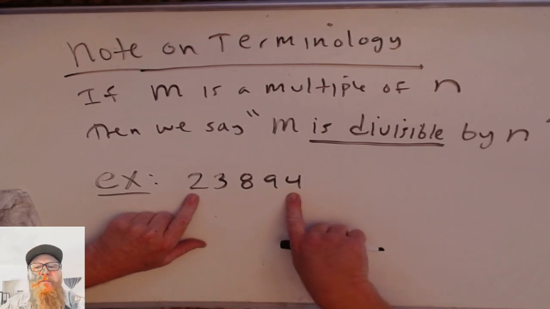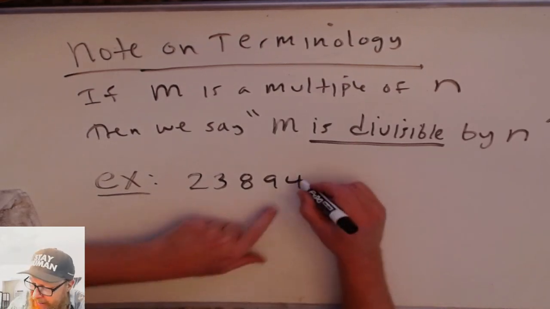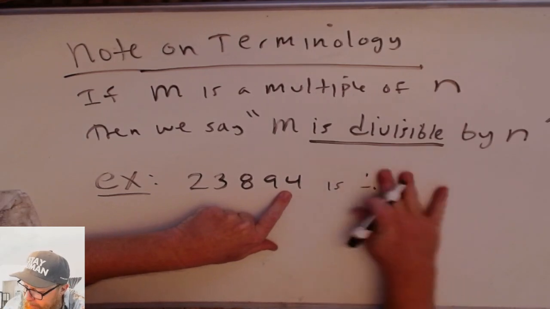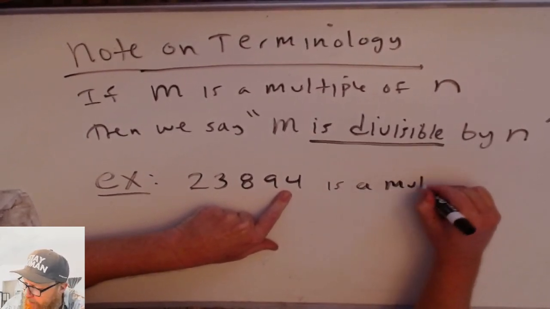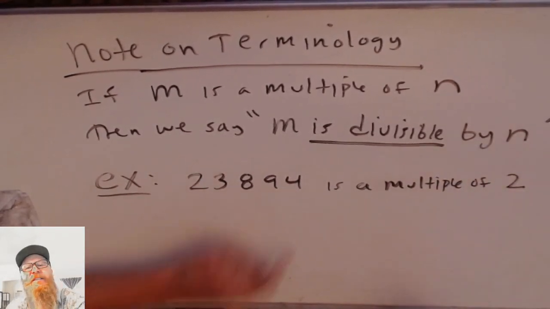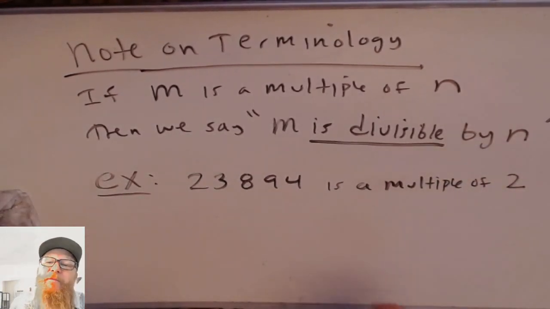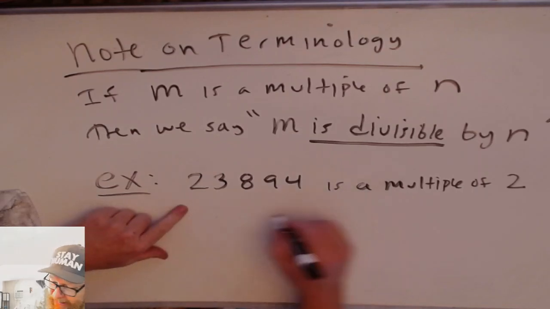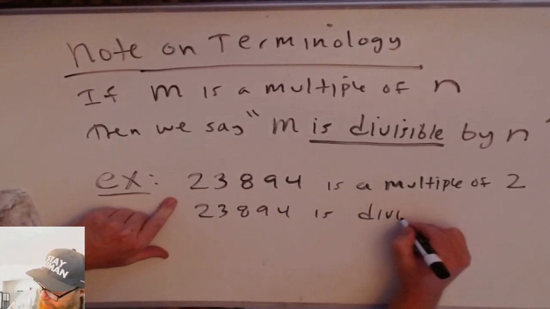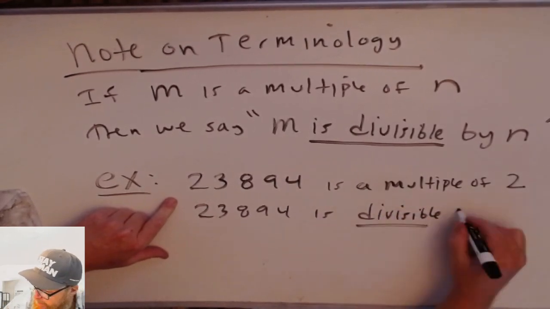So no, it's not divisible by 3, but it is even. So it is a multiple of 2, because it's even. I was hoping it'd be a multiple of 3. So we say it is divisible by 2.